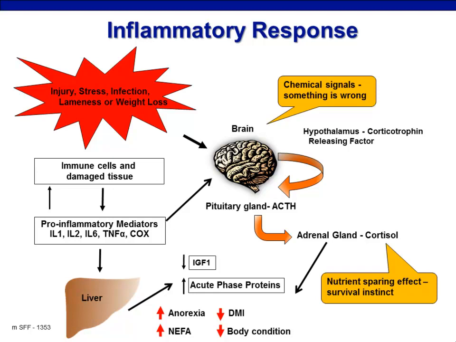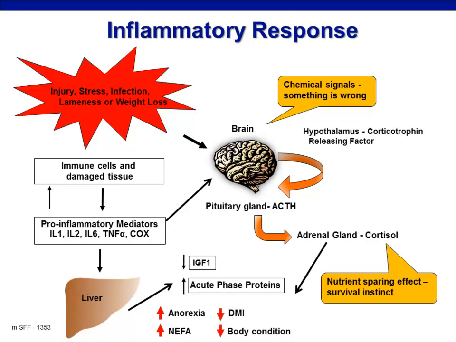The two most potent ones, TNF-alpha, interleukin-1 alpha, and interleukin-1 beta, are mediators that are going to signal the brain, signal the liver, and actually talk to the whole cascade of our epithelial tissue that, whoa, we got a problem. Houston, we really have a problem here.